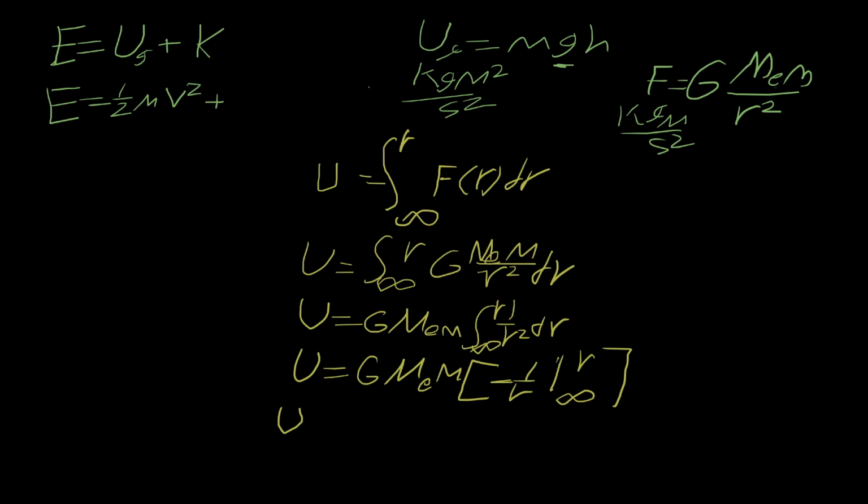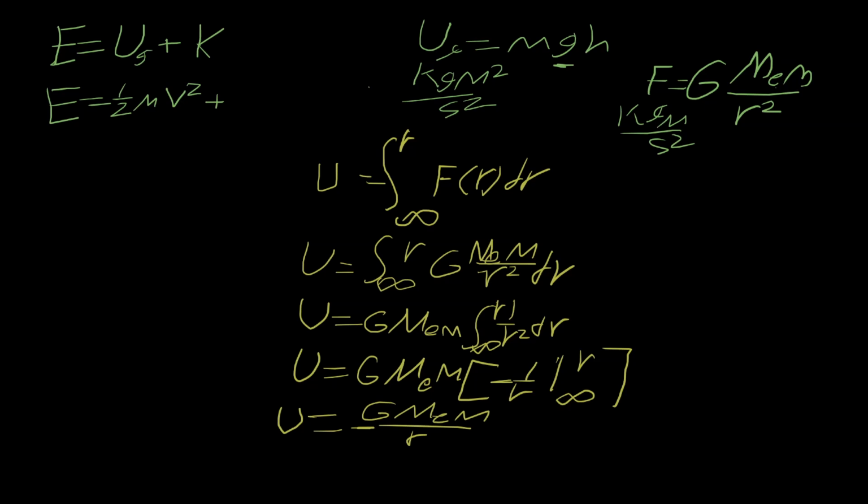Now we can simplify this, because if you plug in r, you just get negative 1 over r. But if you plug in negative 1 over infinity, it goes to 0, so we can just write that as 0. So we're going to have G big M little m over r, and this is going to be negative here.